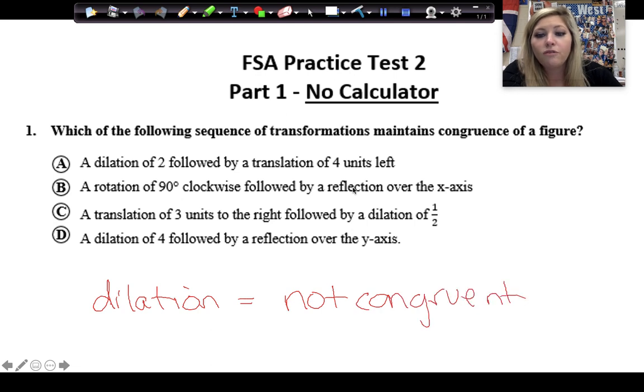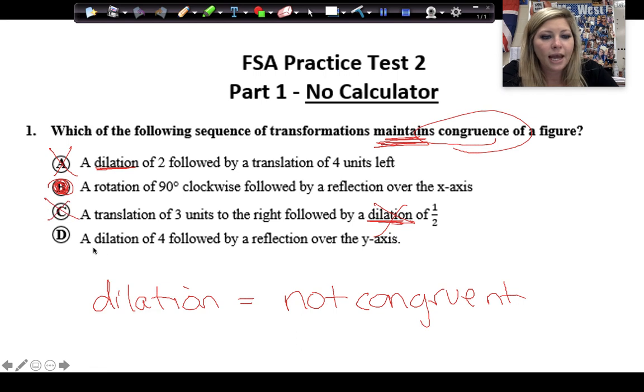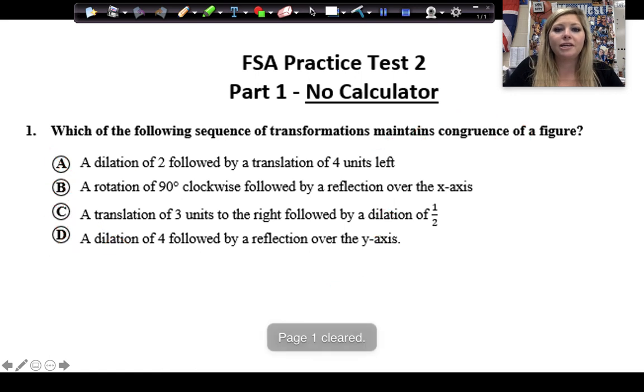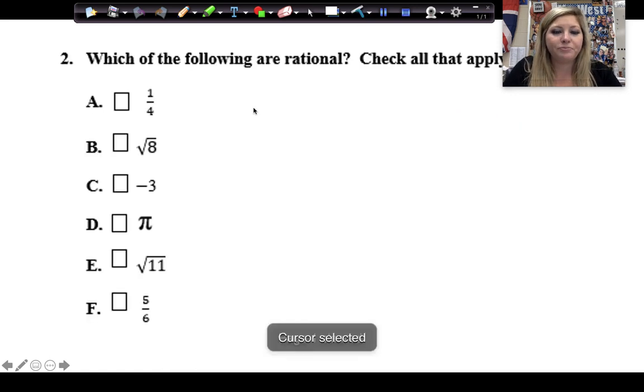So if we're looking for the ones that maintain congruence, which means stays congruent, we don't want dilation. So this has dilation, we don't want it. This one says rotation and reflection, so that's good. This is a translation followed by dilation, we don't want it. A dilation, we don't want it. Okay? So our answer choice here is B.